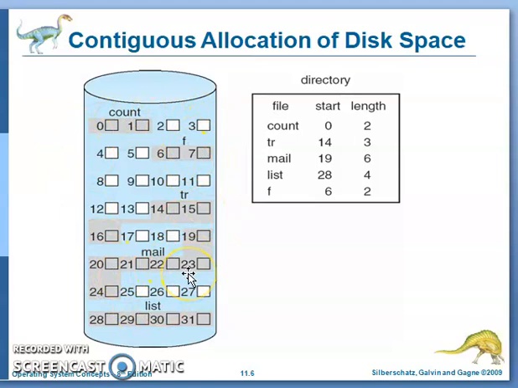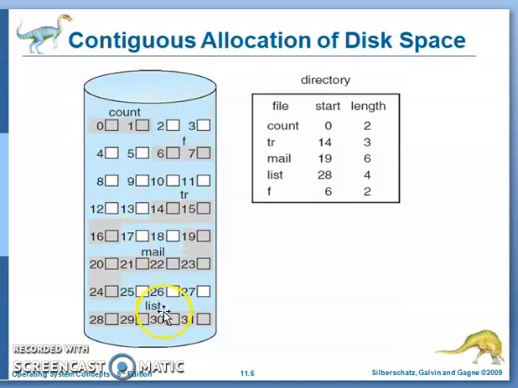Suppose you want to create one more file, for example, test. It requires 7 blocks; the size of that file is 7 blocks. Verify whether there are 7 continuous free blocks.